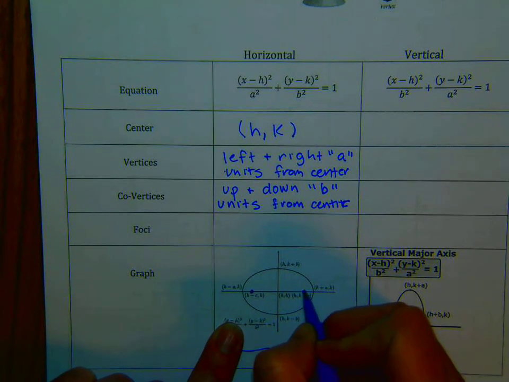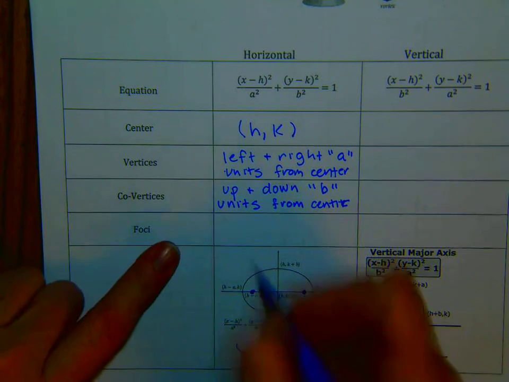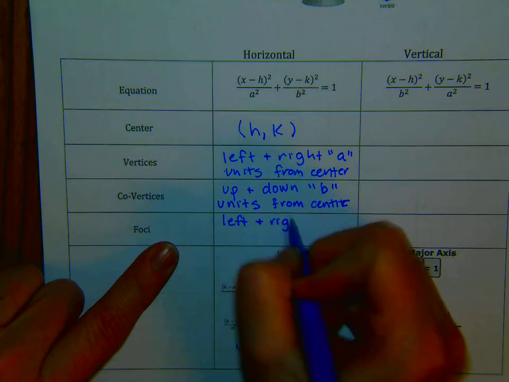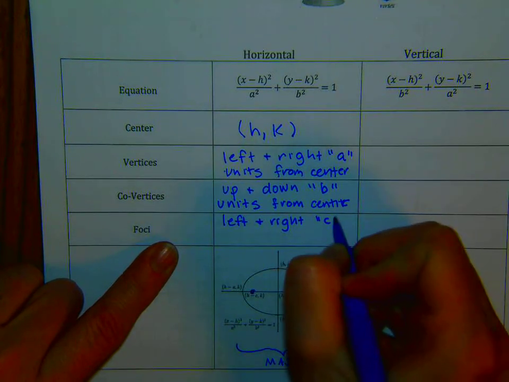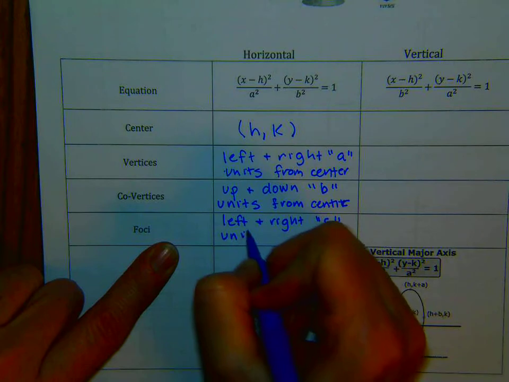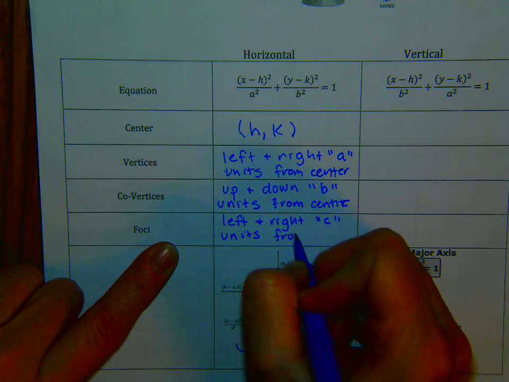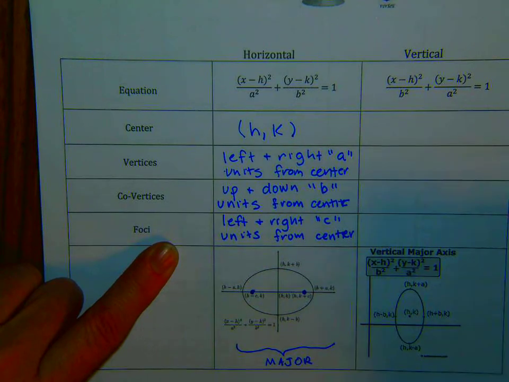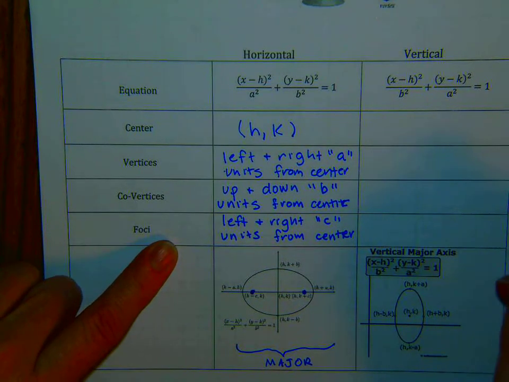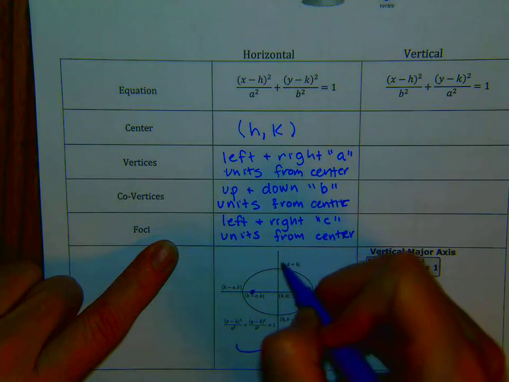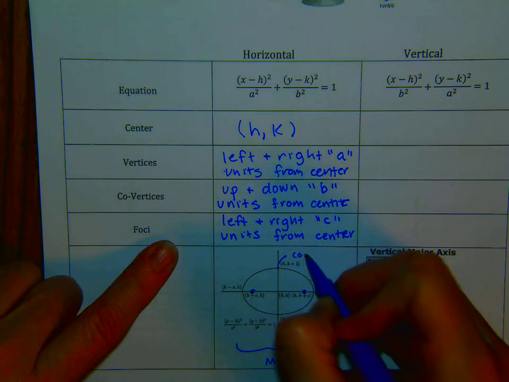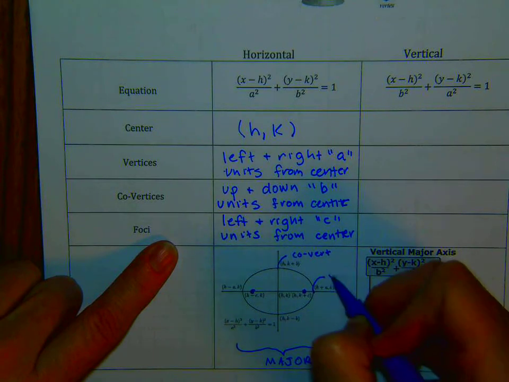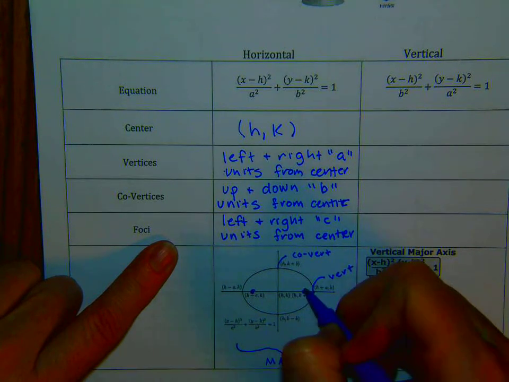These are going to be left and right, c units from center. So we see already how this is getting a little more complex. So these are co-vertices. Right here are our vertices, and these are our foci right there.